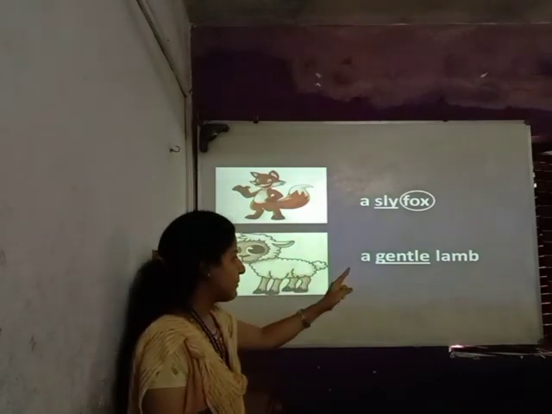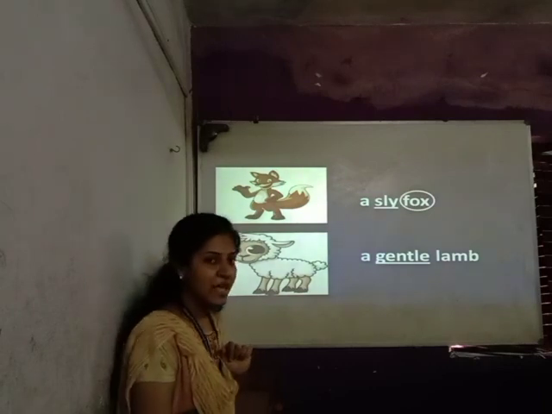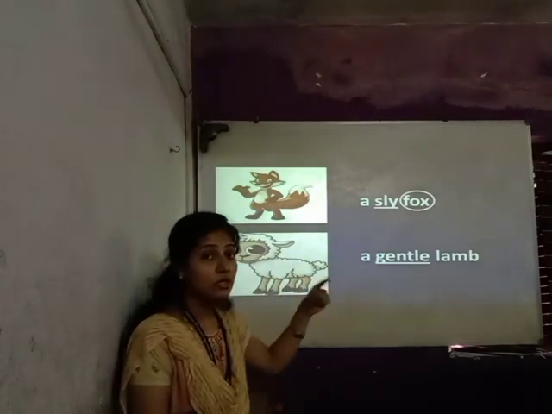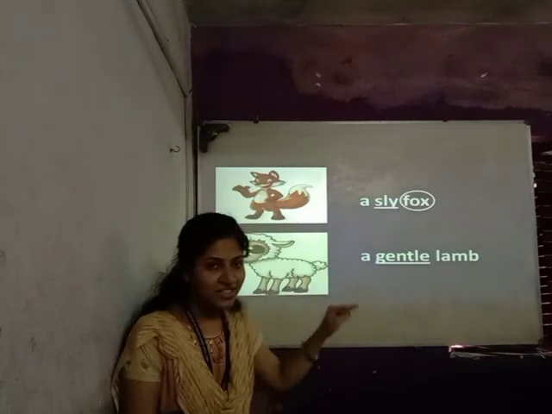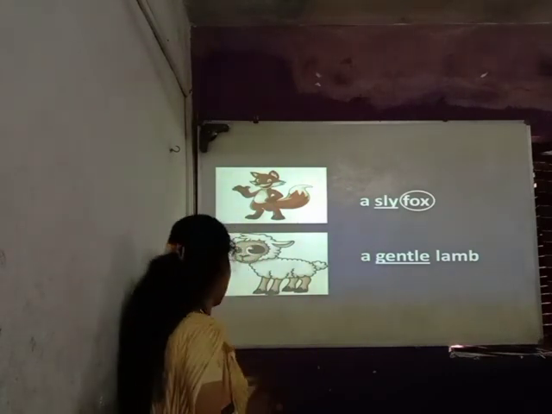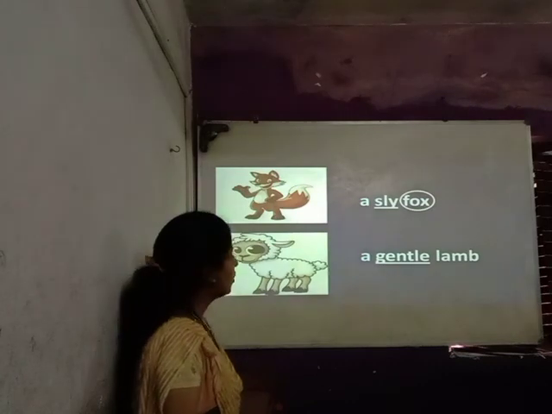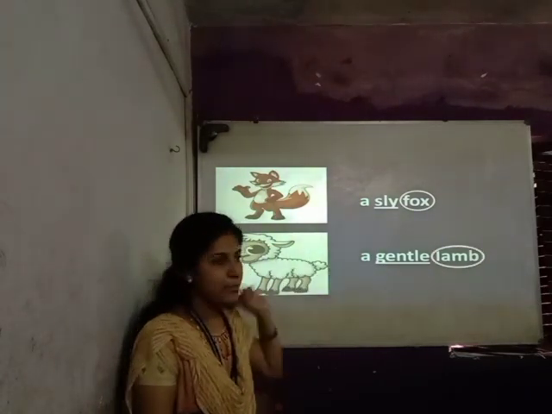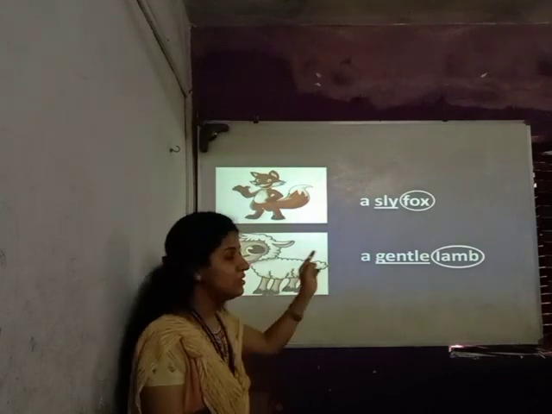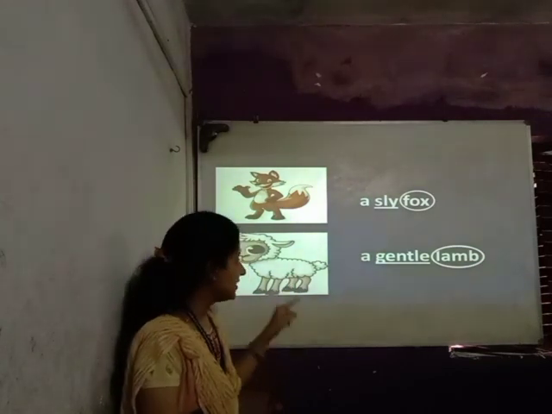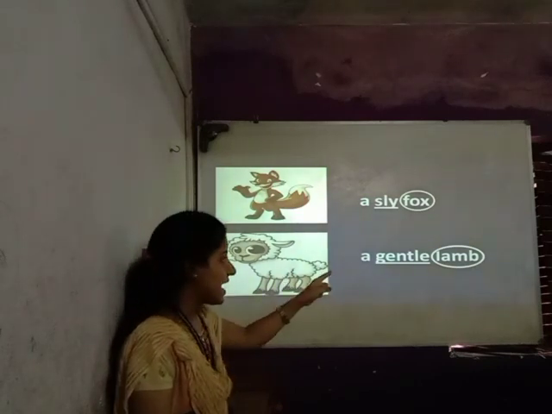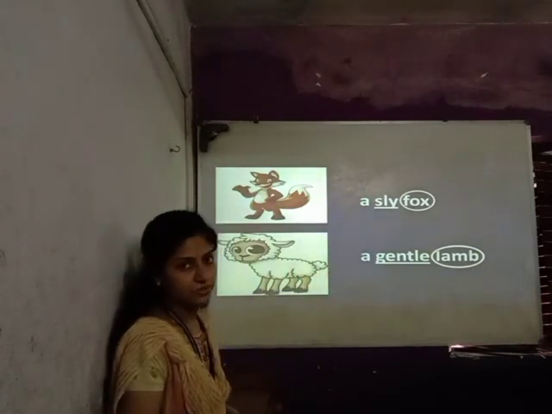Now, lamb is a naming word because the word gentle describes about whom? It describes about lamb. So, lamb is a naming word. So, we'll circle the word lamb. So, a gentle lamb. In this sentence, gentle is a describing word and lamb is a naming word.